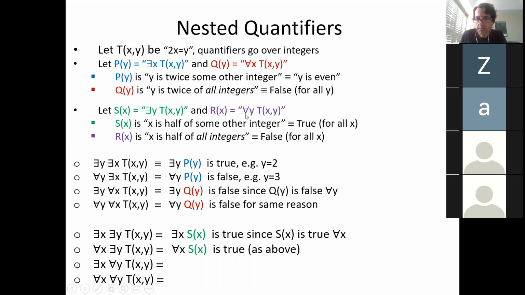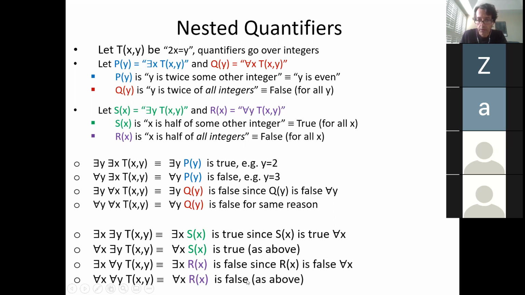This predicate is false for, in fact, any x, because for every x, I can give you a counterexample, a y that falsifies this expression. In fact, twice x is unique. So I take any number different from twice x, make it y, and it's going to falsify this. So R of x is false for all x.